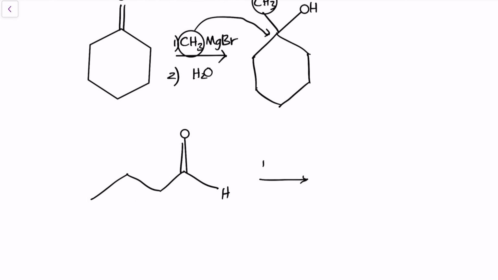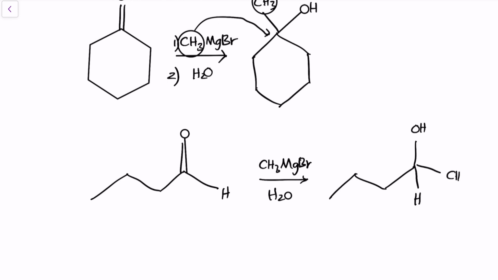This aldehyde, under the reaction with CH3MgBr and H2O, results in the formation of an OH in presence of the H group, and you end up getting a racemic mixture of these compounds. Why is it forming a racemic mixture? Because the Grignard reagent creates a new chiral center. So the carbon becomes a new chiral center for aldehydes. This is how you can notice the nucleophilic attack.